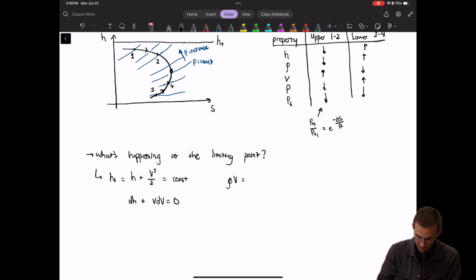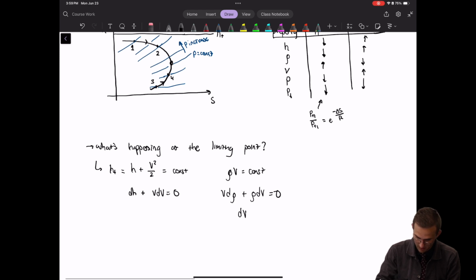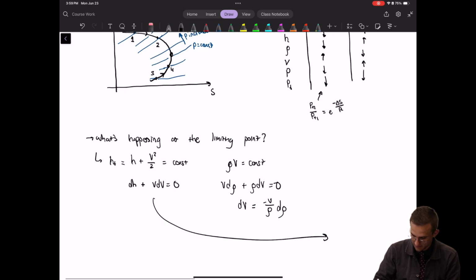So if we take the total differential of that, we get V d rho plus rho dV is equal to 0. And we get that dV is equal to minus V over rho d rho. And if we put these two together, we get dH is equal to V squared over rho d rho.